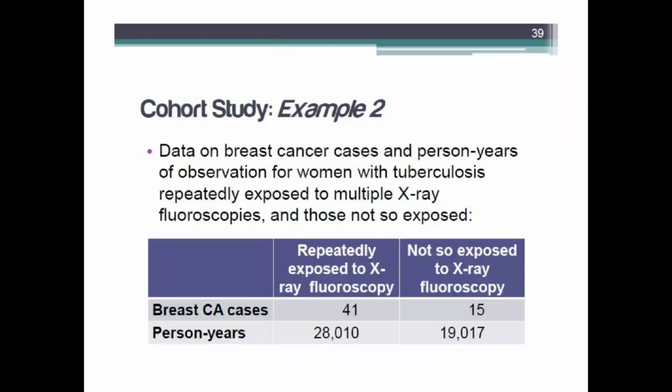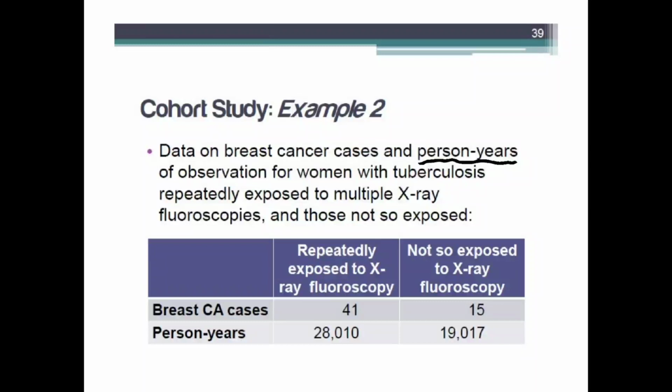So ito naman, this is a data on breast cancer cases and person years. So yun, nasa case na, no? Person years of observation for women with tuberculosis repeatedly exposed to multiple X-ray fluoroscopies and those not so exposed. Okay?